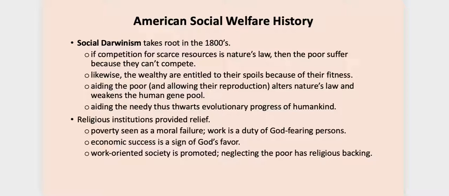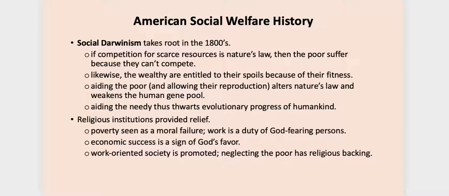The basic idea, taking the Darwinian theory about the survival of the fittest, is that if competition for scarce resources is the law of nature, then the poor suffer because they're not capable of competing adequately. And likewise, if you're wealthy or well off, then you're entitled to your spoils because you are fit.